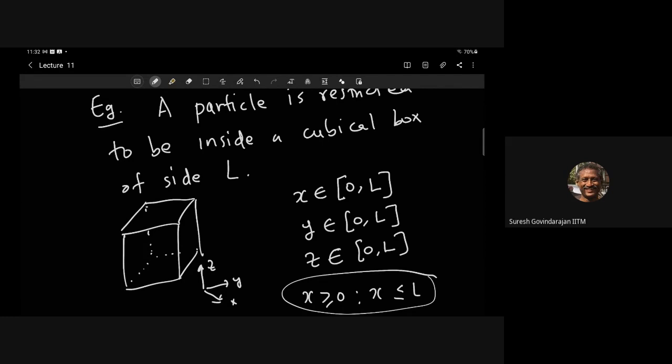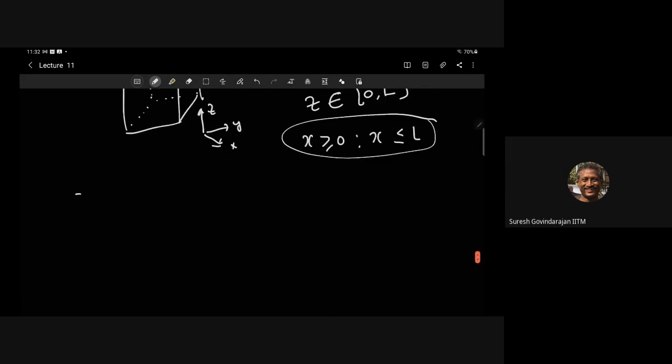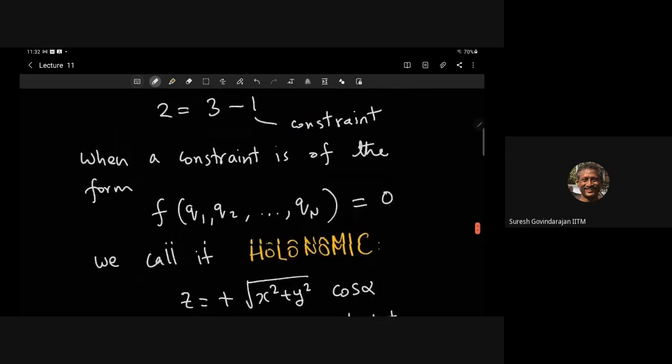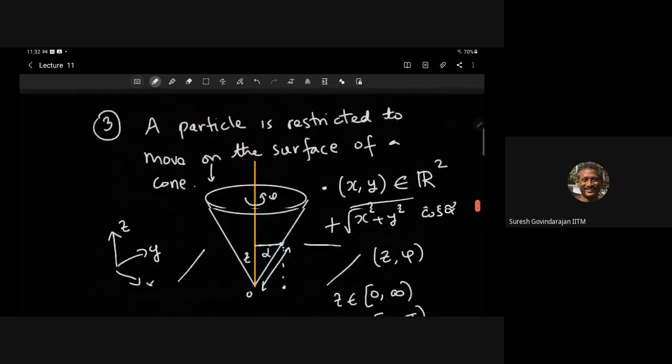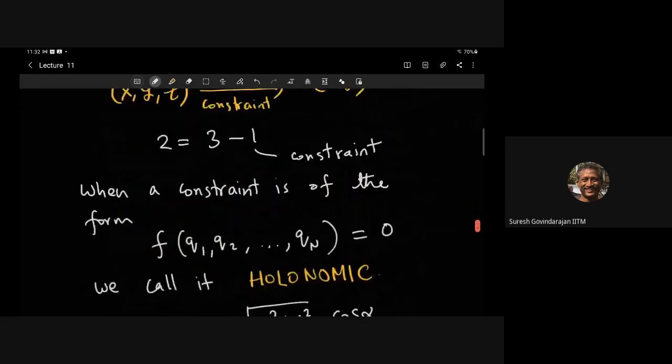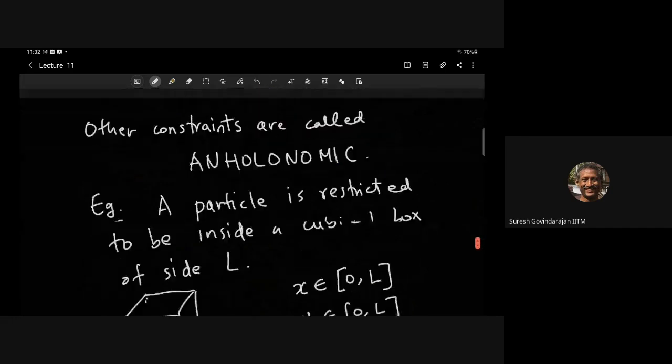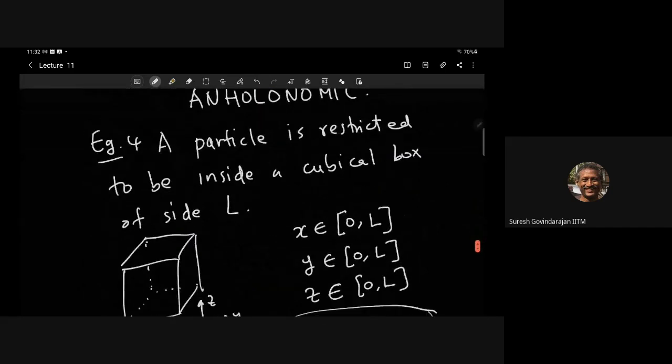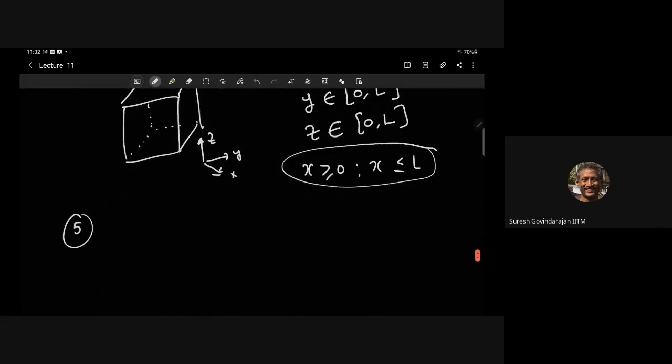So let's look at a few more constraints. Did I number the examples? No, I didn't. So let's do an example 5. Example 5. It's an inclined plane, on which there's a disk.